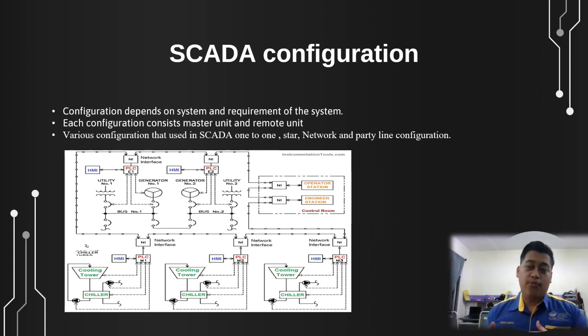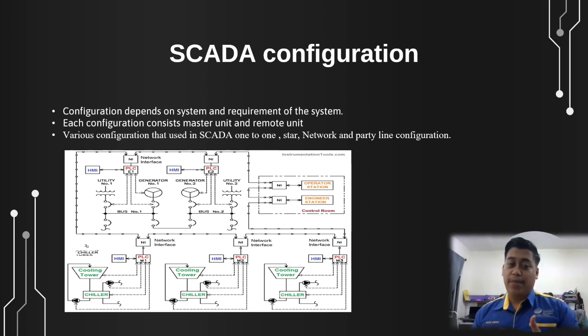Next is the SCADA configuration. Each SCADA system will have a different SCADA configuration, because the configuration will depend on the system and the requirements of the system. Each configuration of a SCADA system will consist of a master unit and remote units.